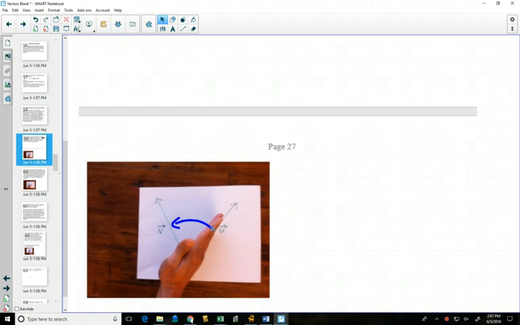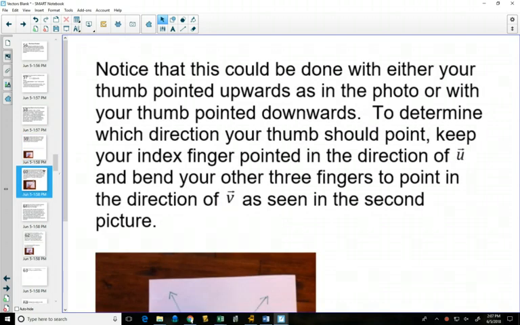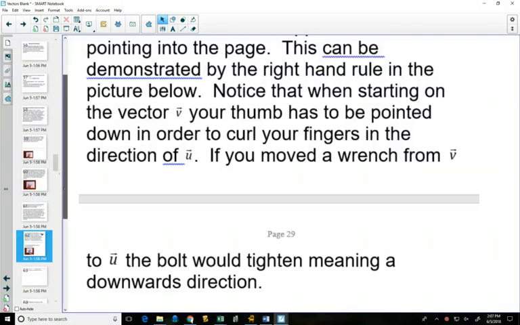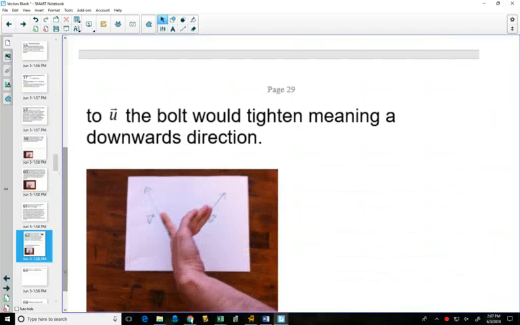So if we do V cross U with this same diagram, you would point your hand at V first. You'd keep your index finger on it. The only way I can move my other 3 fingers to U is this way, so then it's pointed down.